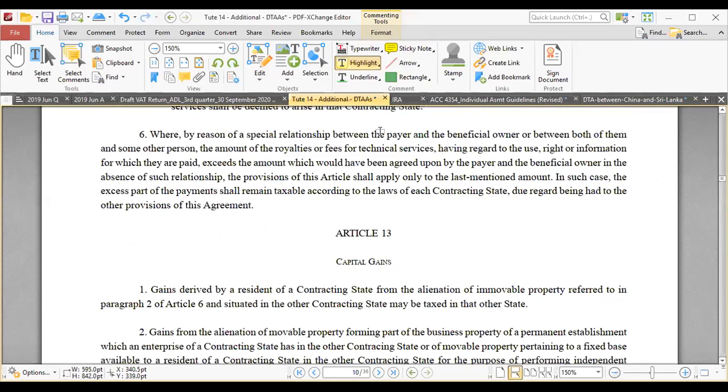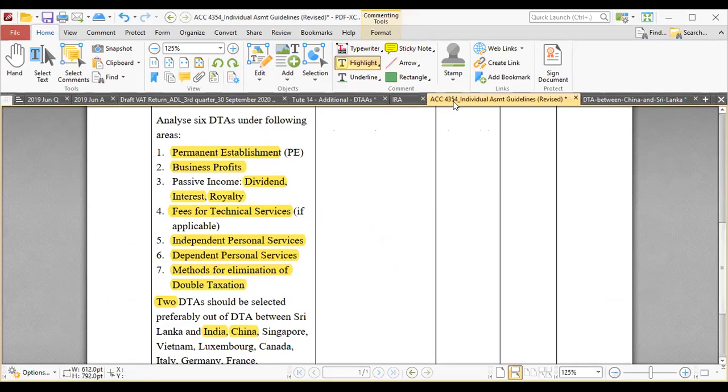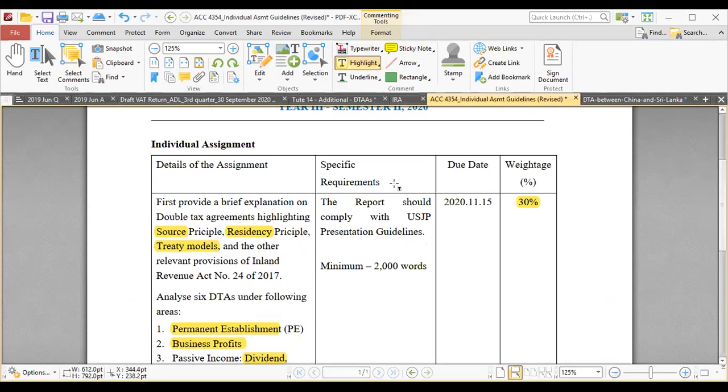Moving to the individual assignment, you need to prepare your report based on your presentation guideline. Times New Roman and the font size are strictly monitored. You need to comply.